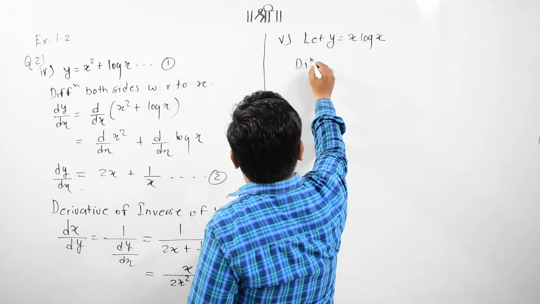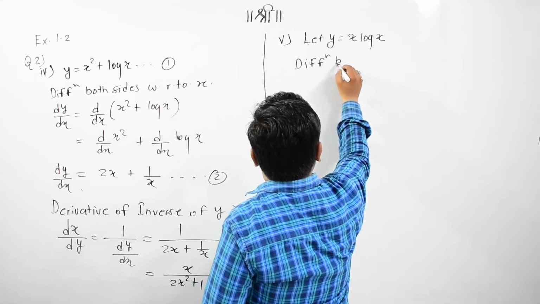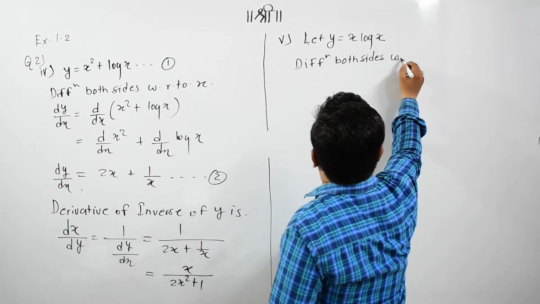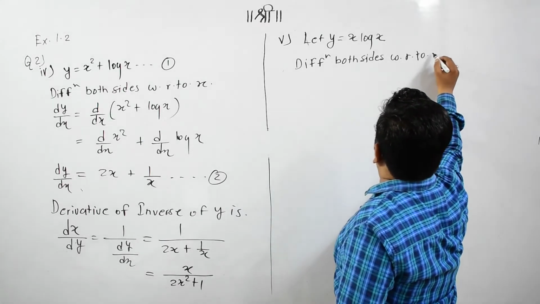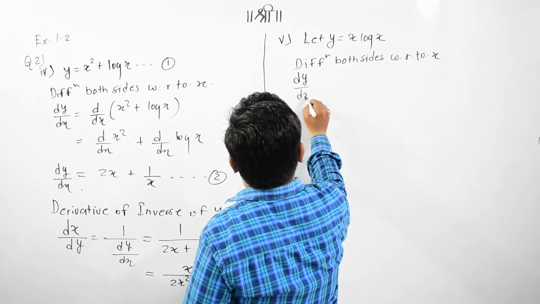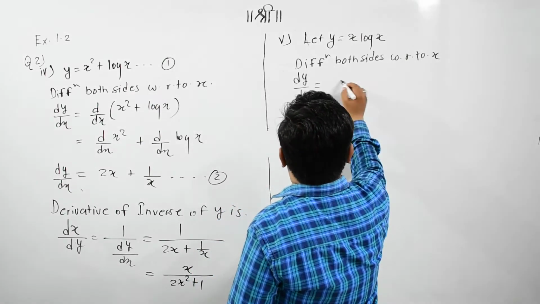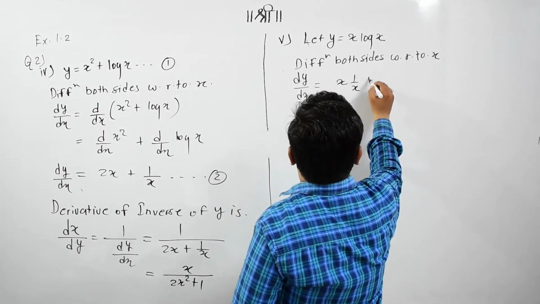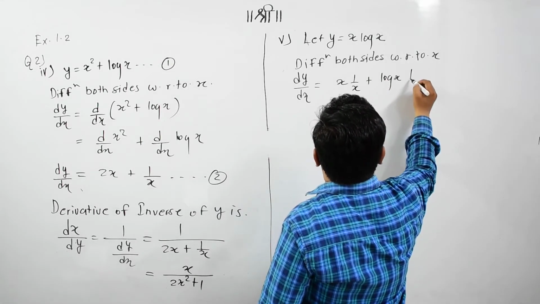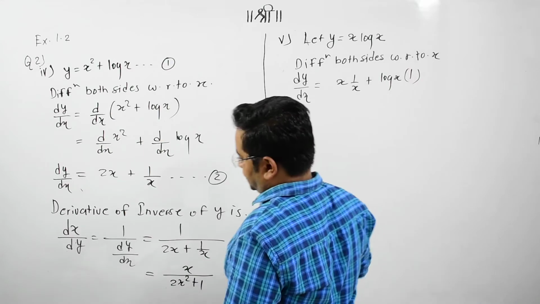So, differentiating both sides with respect to x, what you will get? dy upon dx is equal to x into 1 upon x plus log of x into 1, by applying the UV rule.